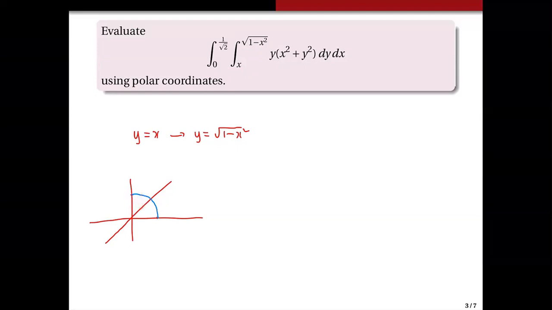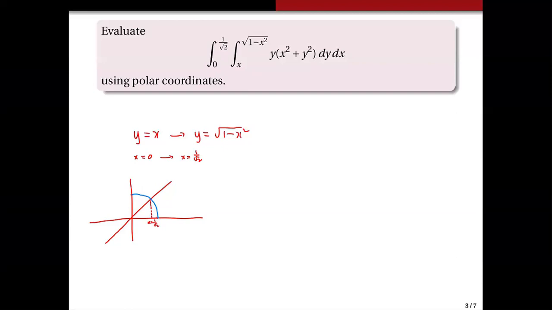Okay? And then you have x equals 0 until x equals 1 over square root of 2. So we know that this part here is your x equals 1 over square root of 2.